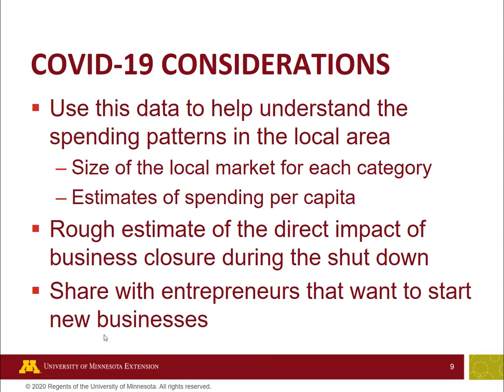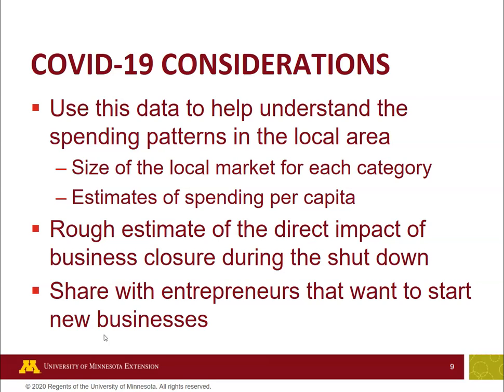Again, looking at the total potential spending that's happening, or thinking about the state averages per capita is a good idea and can help understand what's possible and what sort of local market there might be. If you're trying to start a business right now, that would seem to be a pretty valuable thing to understand.